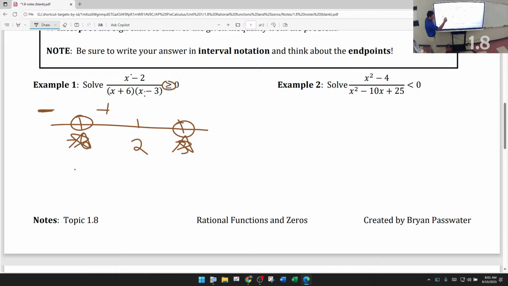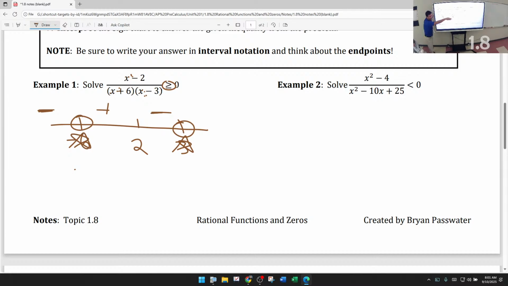Okay? And then I got to go from 2 to 3. 2.5. Okay. 2.5, that makes that positive. 2.5, that's positive. 2.5, that's negative. Positive, negative, you know what I say? Positive, positive, negative, negative. I do that right, I'm good.